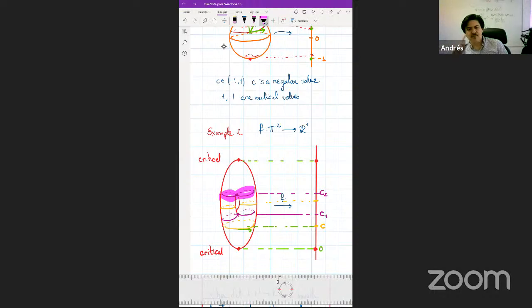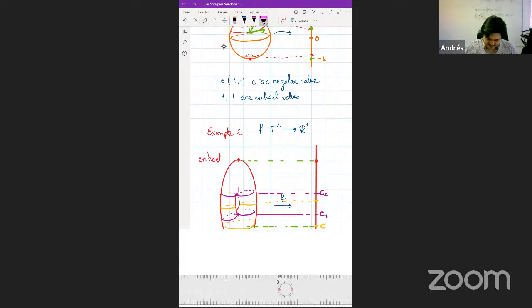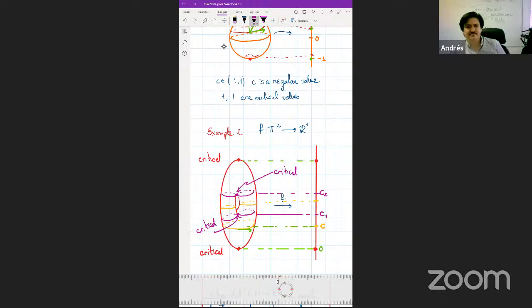All the points in the purple curve are regular points, except for the point in common. This is a critical point. And also this one.